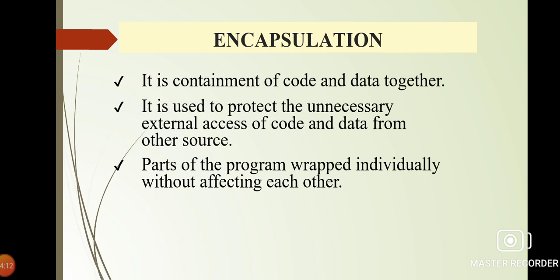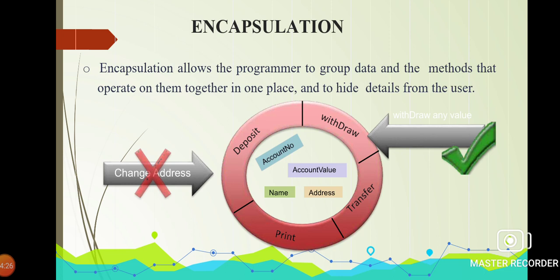Encapsulation is the containment of code and data together. It is used to protect code and data from unnecessary external access from other sources. It is a part of the program wrapped individually without affecting each other.